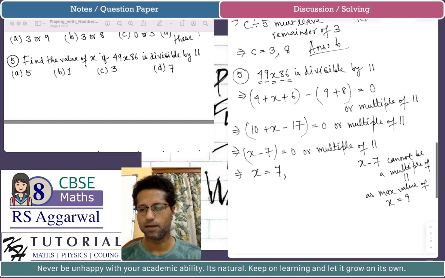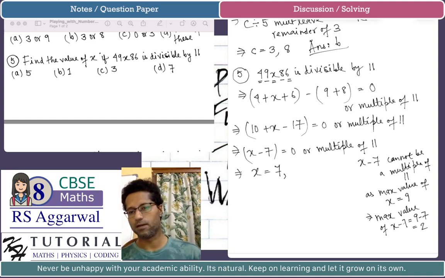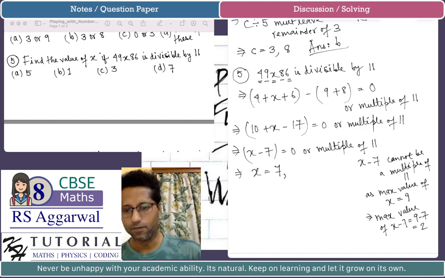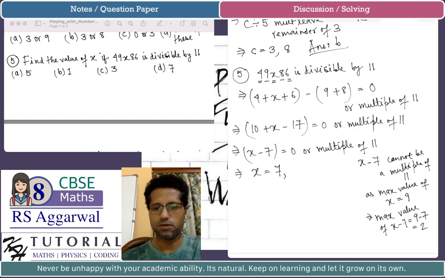So its maximum value is 9. The maximum value of x minus 7 is 9 minus 7, which is 2. So x minus 7 will never be a multiple of 11, but x minus 7 will be 0 at x equals 7.